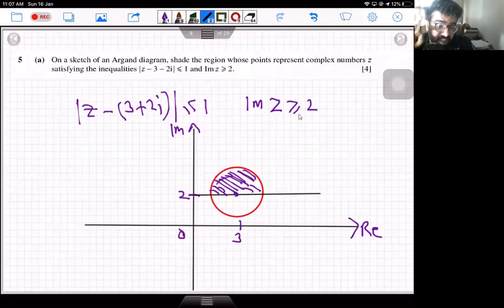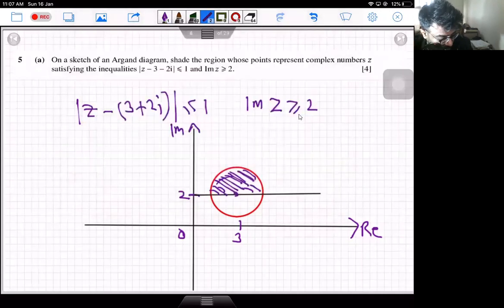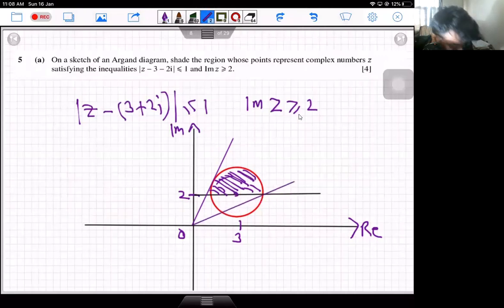So we need the greatest value of argument z. All right. So if I want to find the greatest value of argument z, I have to make a line like this so that I will be finding this angle. If the question says to find the least value of argument of z, this line would be like this, starting from the origin and satisfying both the inequalities.